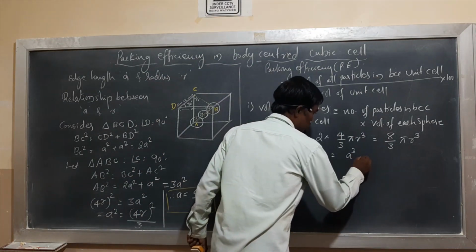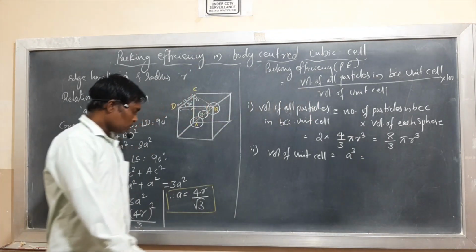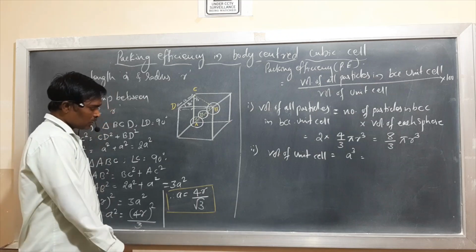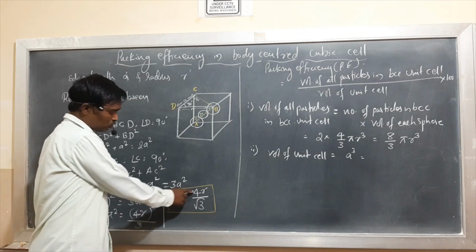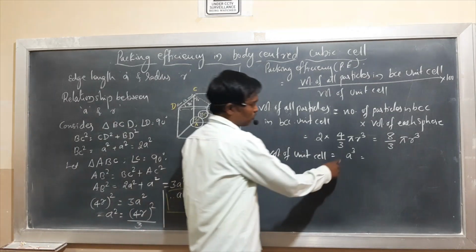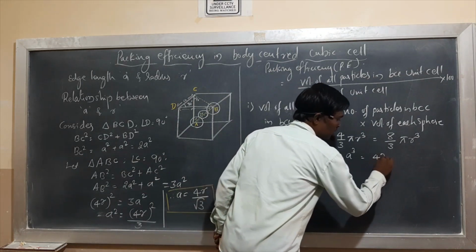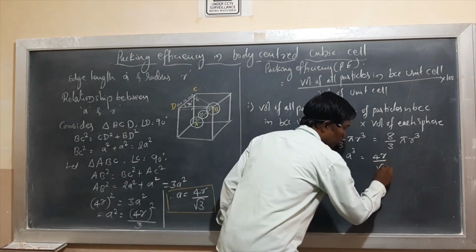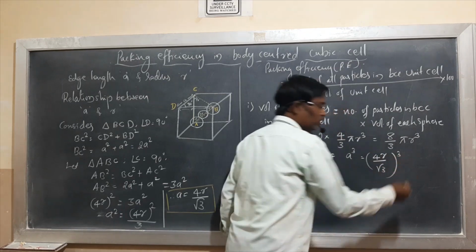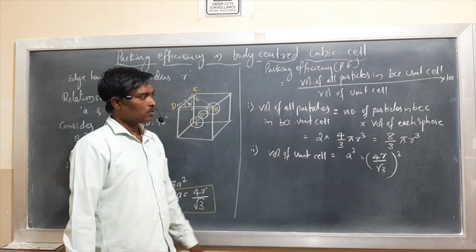Since we just derived the relationship between the edge length and the radius of the sphere, a is equal to 4r by root 3. So we substitute here: 4r by root 3 whole cube.